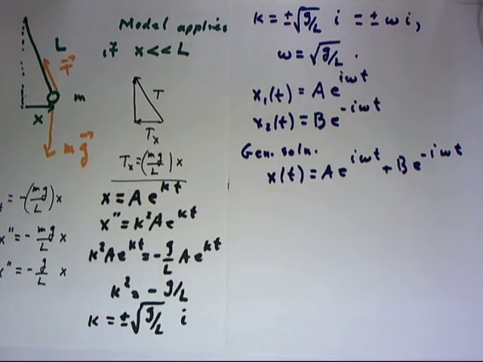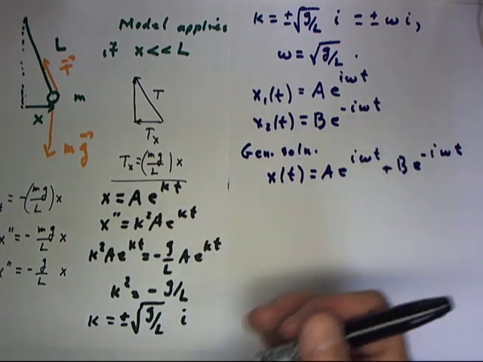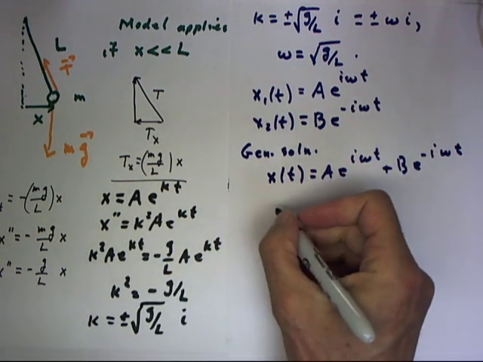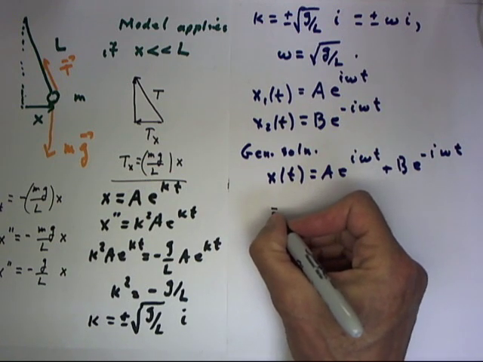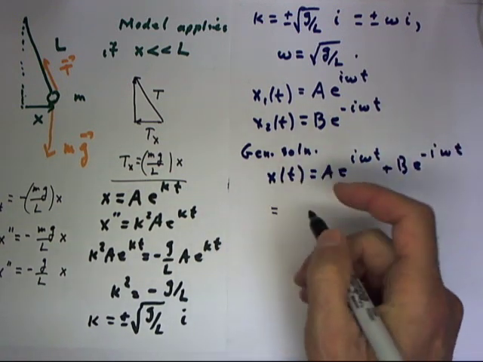Now, if we apply the Euler identity, we're going to get something that should feel kind of familiar by now.